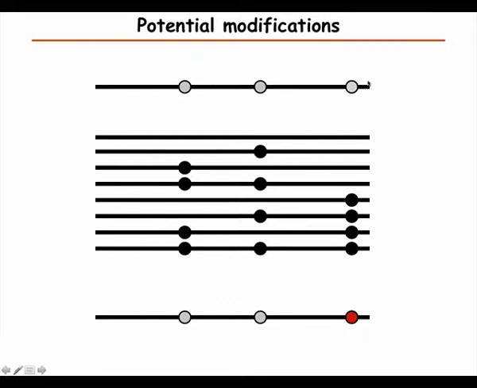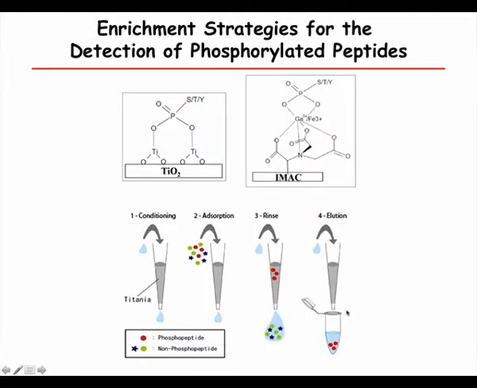And then, in this case, let's say that we test all these, and then we might see that this is the one that's phosphorylated. Another thing with a lot of these modifications, including phosphorylation, is that if we do a global analysis of the proteome and look at all the peptides, there will be a very small fraction of phosphorylated peptides that we see, usually less than 1%.